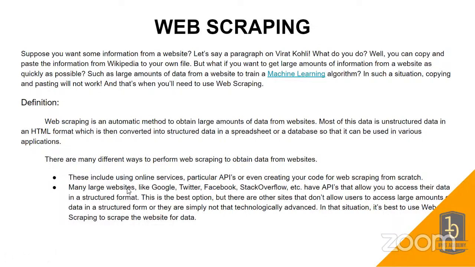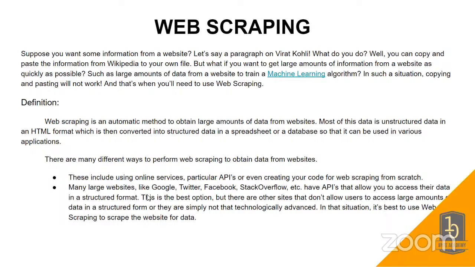Also, many large websites like Google, Twitter, Facebook, Stack Overflow, etc., have APIs that allow you to access their data in a structured format. Like I said, in some websites, when you access their API or URL, you can get a response in JSON, which is more structured than a simple HTML web page.